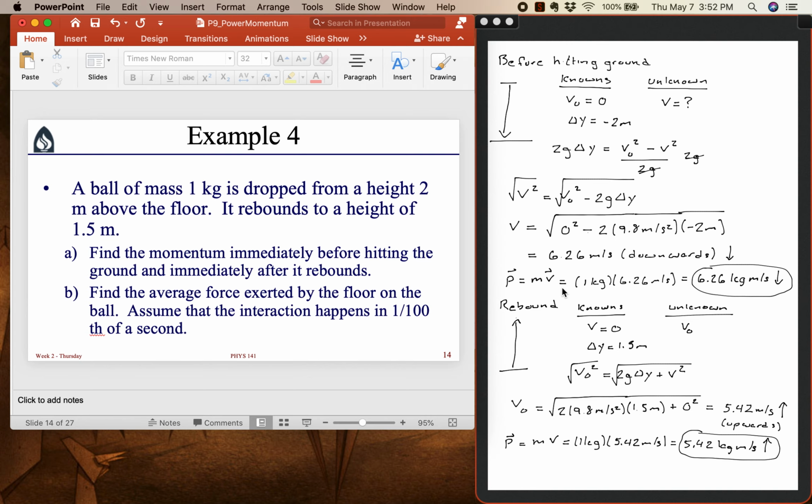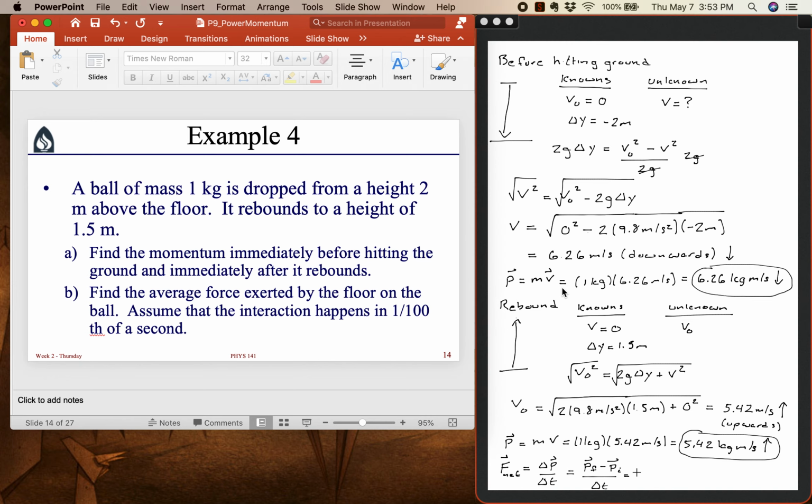So according to the previous slide, we know that another way of writing Newton's second law is that the net force is equal to the change in momentum with time. And that means that the change in momentum, that's the final momentum minus the initial momentum, divided by time.